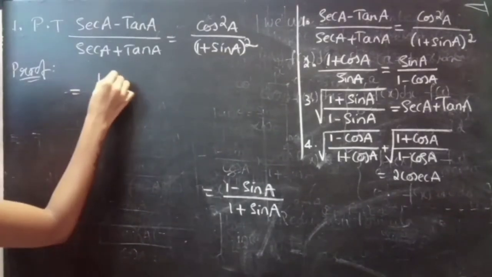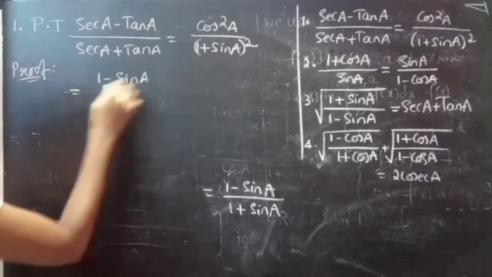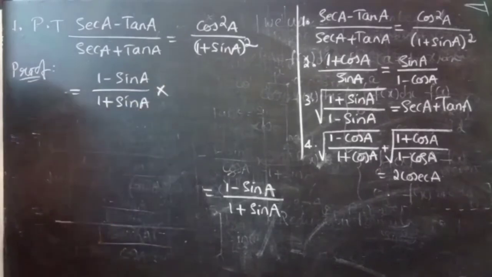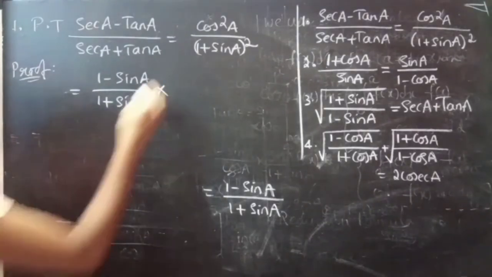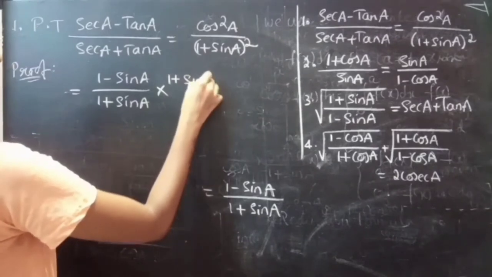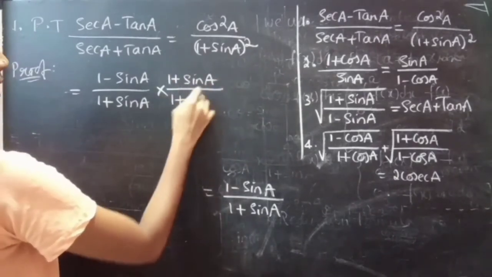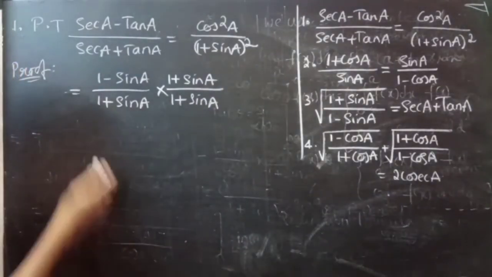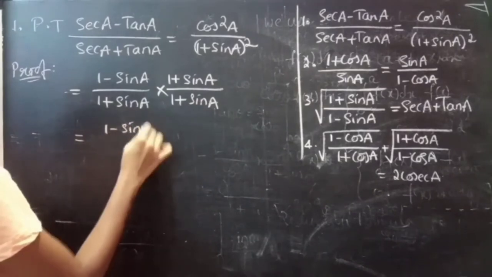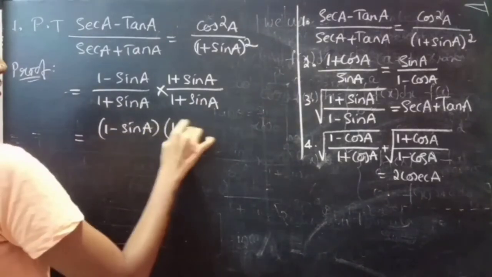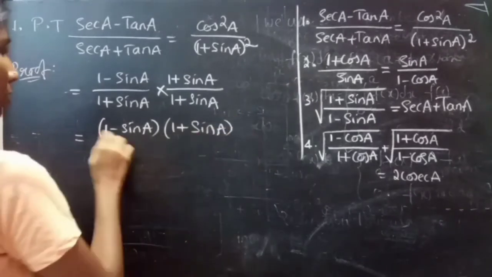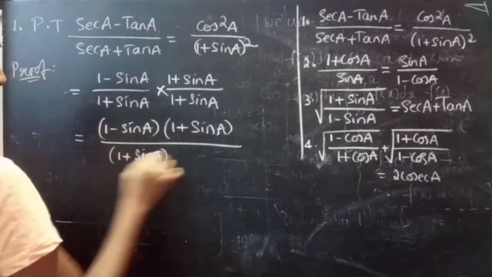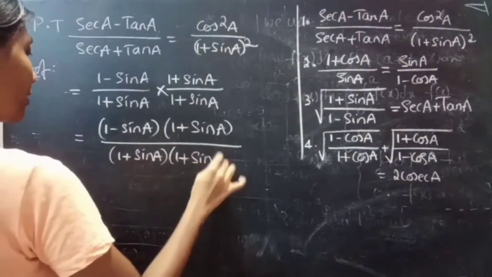So this equals 1 minus sin A by 1 plus sin A into, now we are going to rationalize the numerator. So we'll multiply and divide with 1 plus sin A. So this equals (1 minus sin A) into (1 plus sin A) divided by (1 plus sin A) into (1 plus sin A).